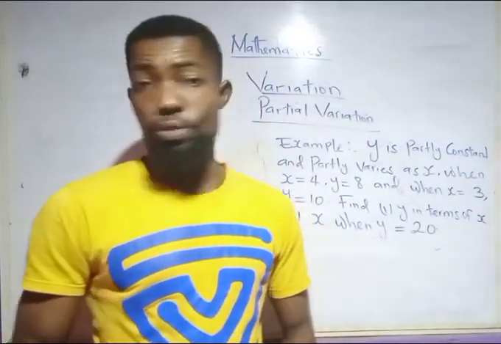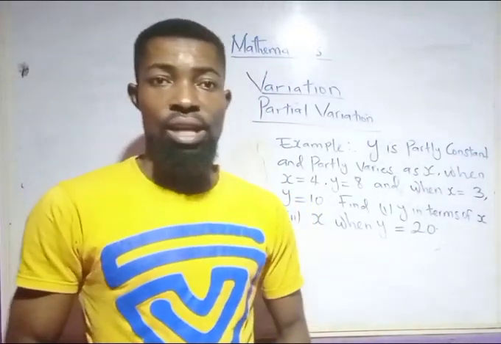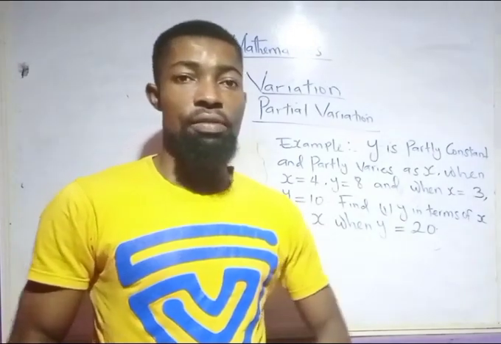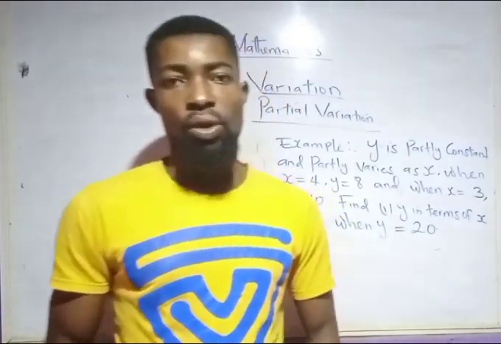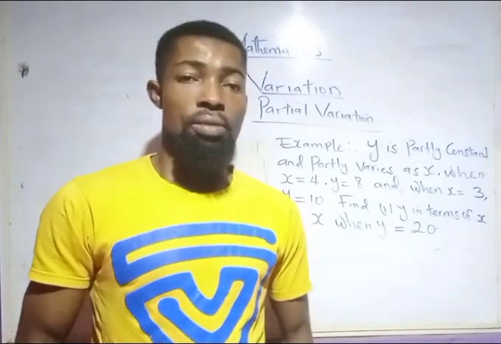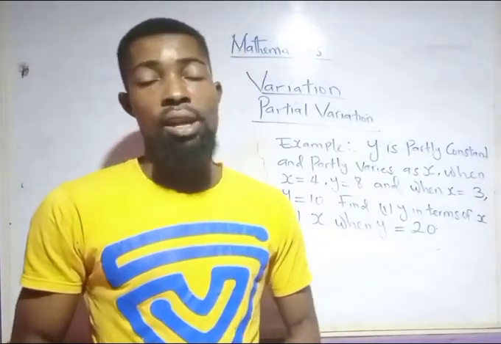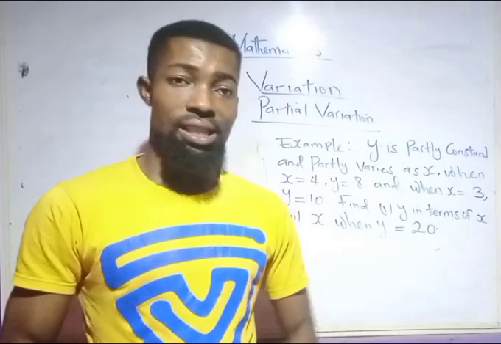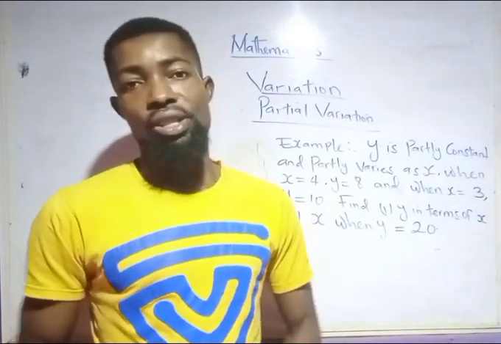It could be an object or a human being, but variation tells us how a relationship can be formed, and what affects one affects another one. So on inverse variation, we understand that when one is increasing, another one is decreasing. Inverse. That is just it.